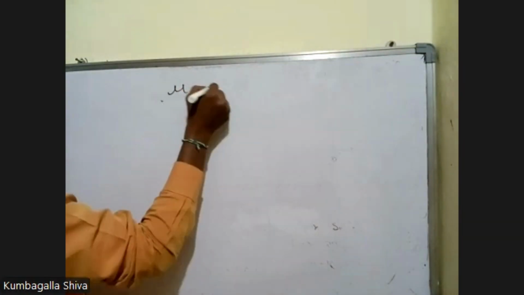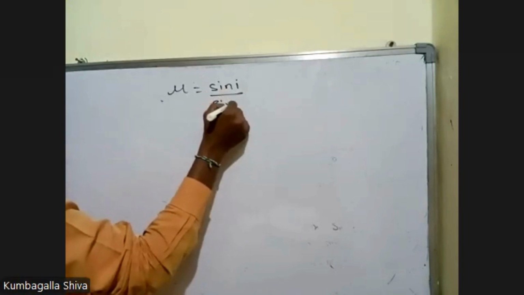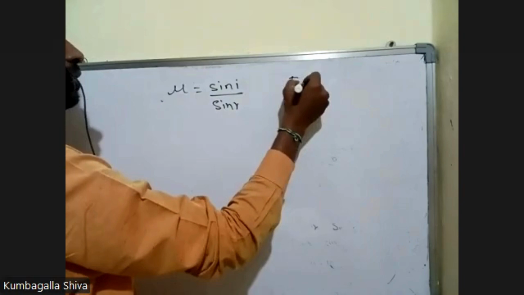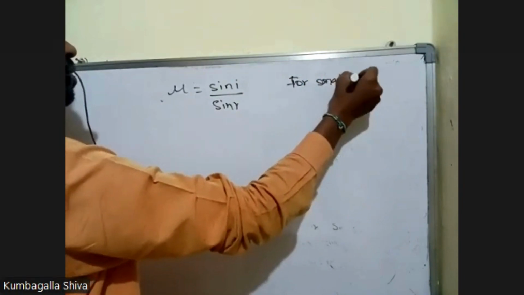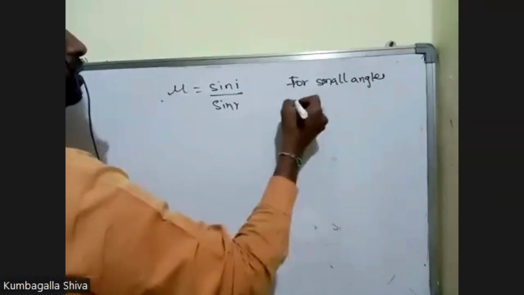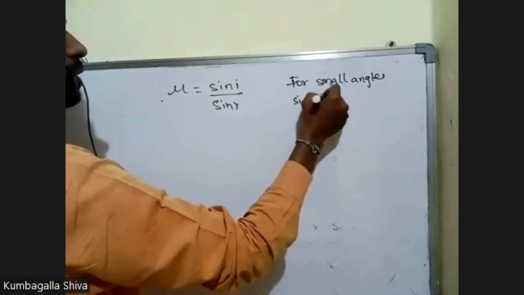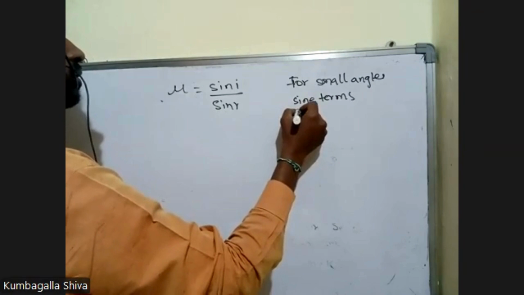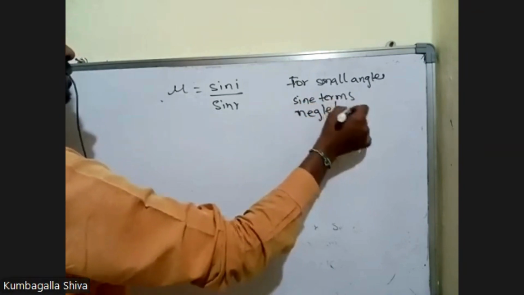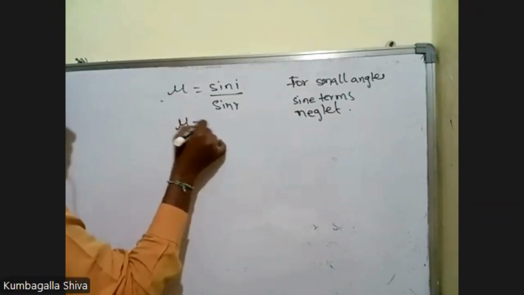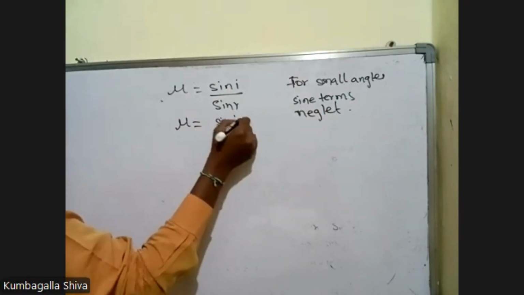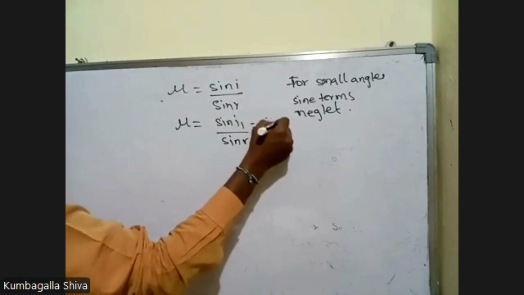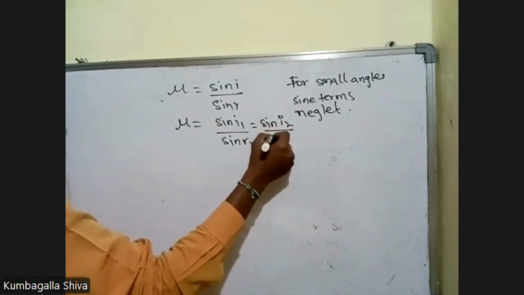Mu is equal to sine I by sine R. Okay, this is the basic formula, and for small angles we can neglect the sine terms. That is, mu is equal to sine I1 by sine R1, equal to sine I2 by sine R2.